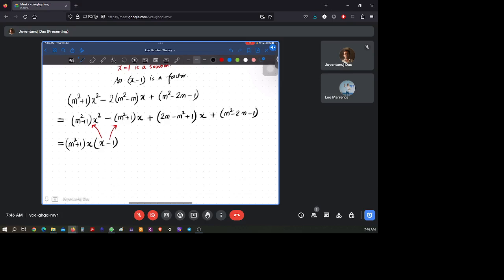Here you can see that these two coefficients are just opposite in sign. So if I take minus of (m square minus 2m minus 1) times (x minus 1), then we get that x expression.